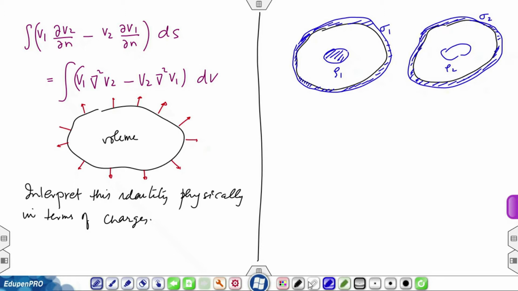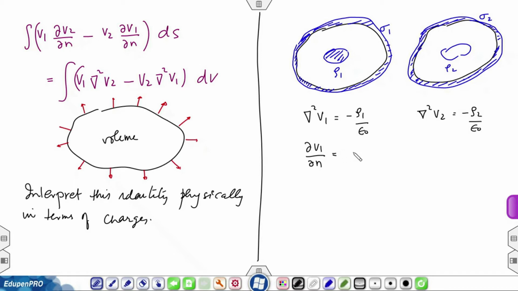I know that del square V1 is equal to minus rho 1 over epsilon 0, del square V2 is equal to minus rho 2 over epsilon 0. What about the other term, dV1 by dn?